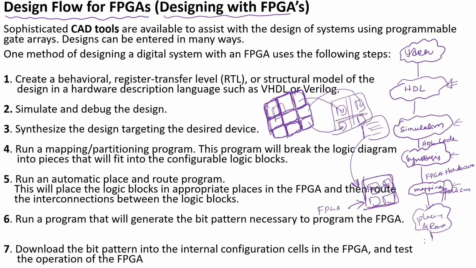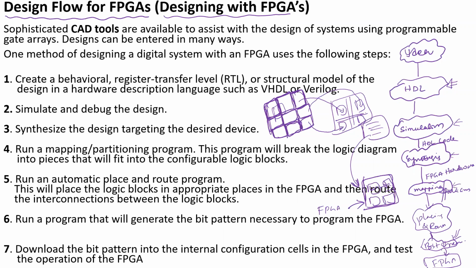Once the placing and routing is completed, the bit stream file is generated. This is the relevant information for an FPGA, and this bit stream is dumped into the FPGA.